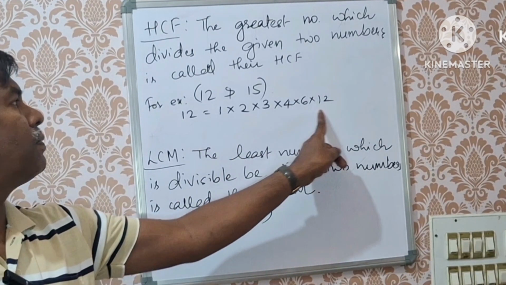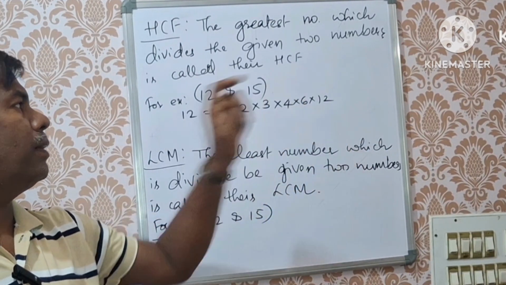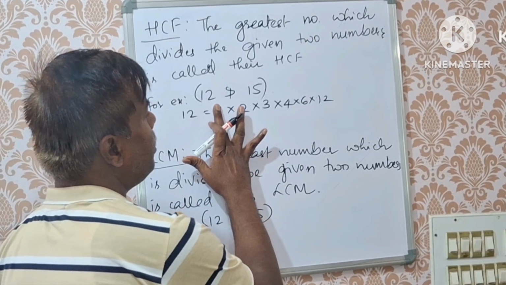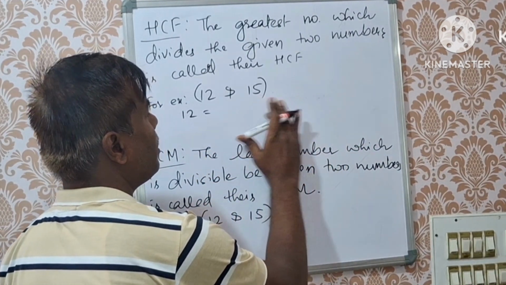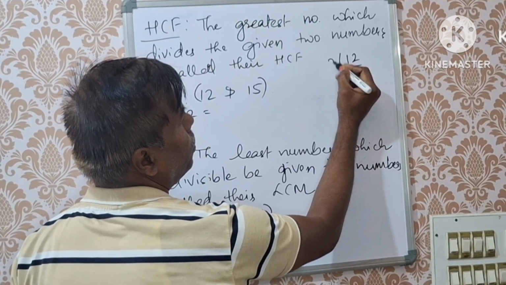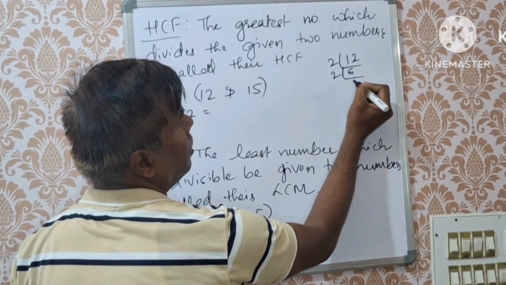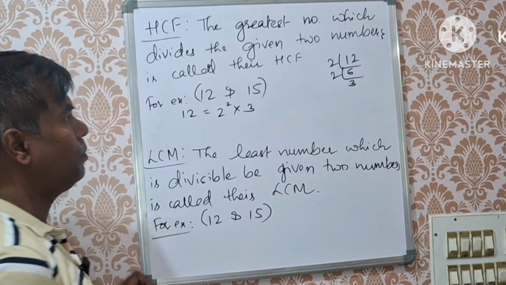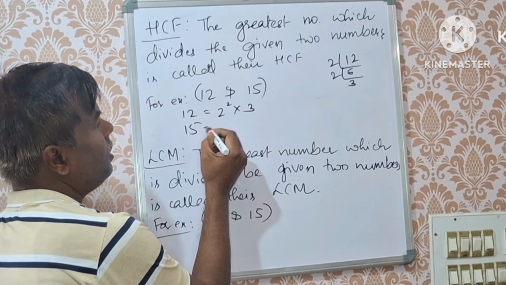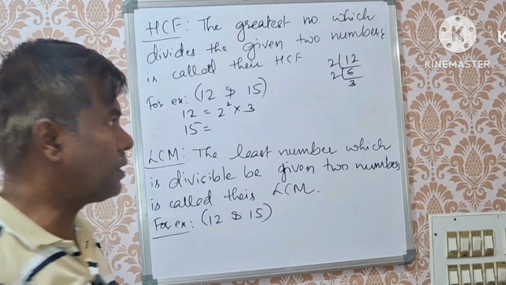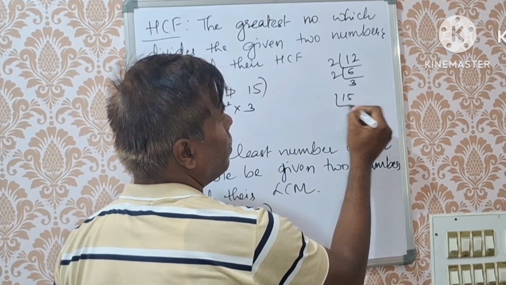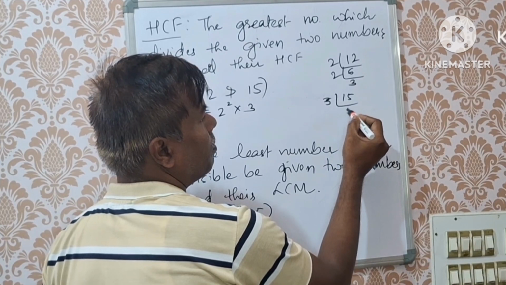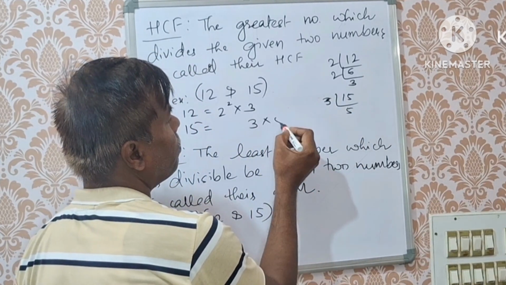If we write 12 in prime factors, we get 2 square into 3. If we write 15 as a product of prime factors, we get 3 into 5.